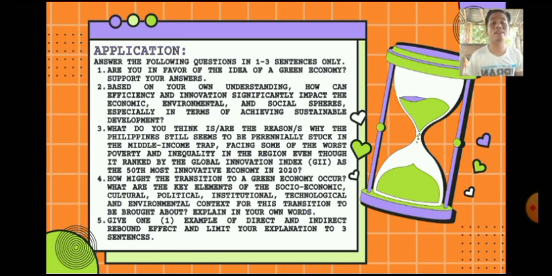And number four, how might the transition to a green economy occur? What are the key elements of the social, economic, cultural, political, institutional, ecological, environmental context for this transition to be brought about? Explain in your own words. And lastly, give one example of direct and indirect rebound effect and limit your explanation to three sentences only.